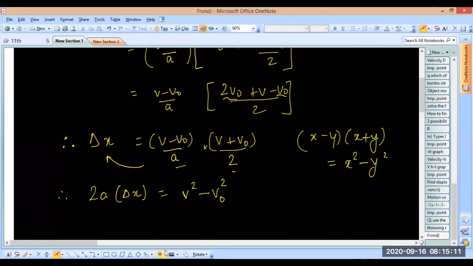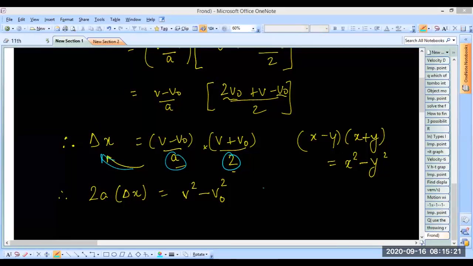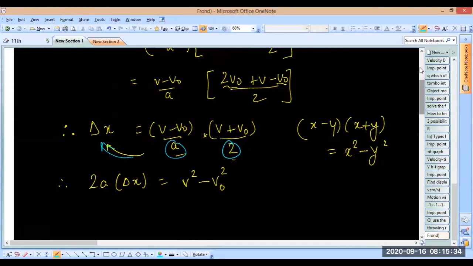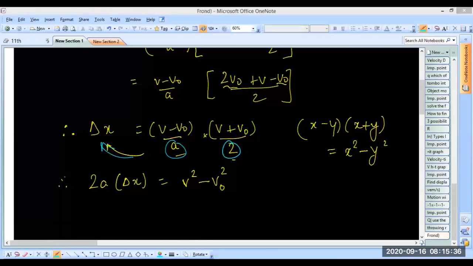Again, 2 into a has been multiplied on that side. Understood? So this is the derivation of the third equation. This is number 3.